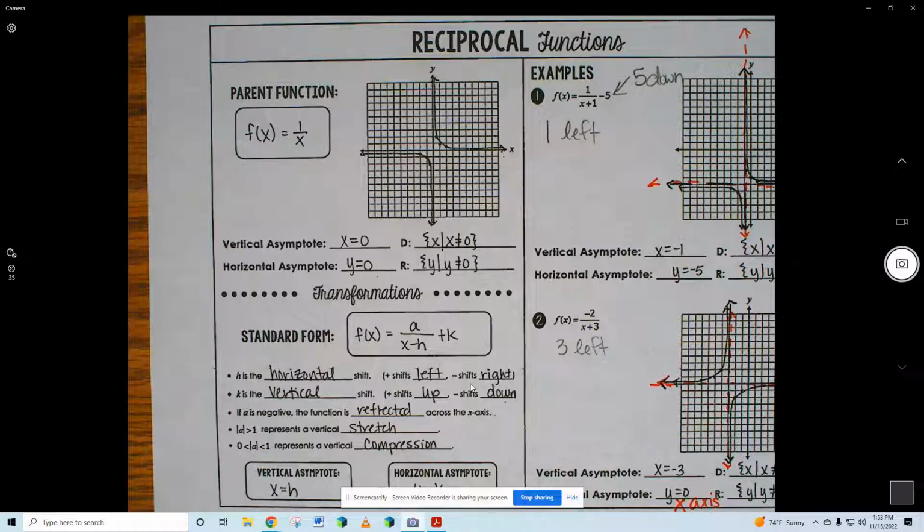So what I'm going to have you do is copy down this page here. If you need to press pause in the video at any time to copy a graph, please do that because I'm going to go at a normal pace. And so for now, I'll just have you copy down.